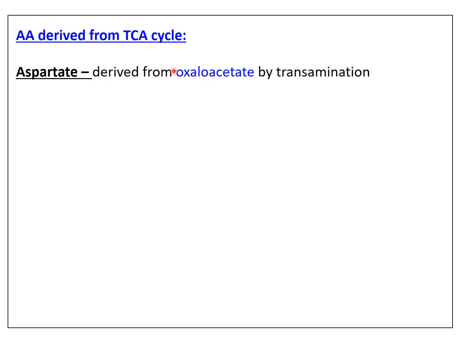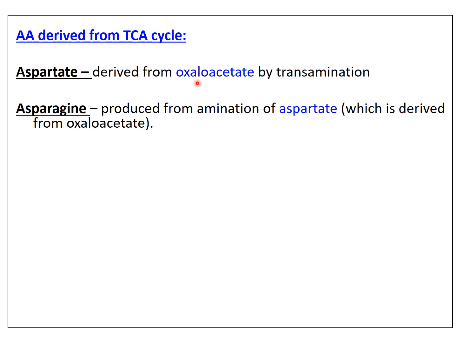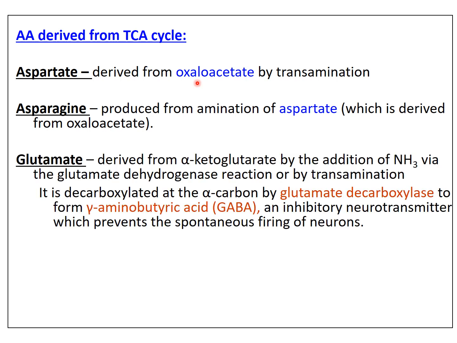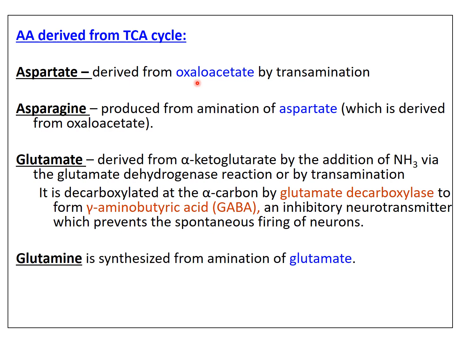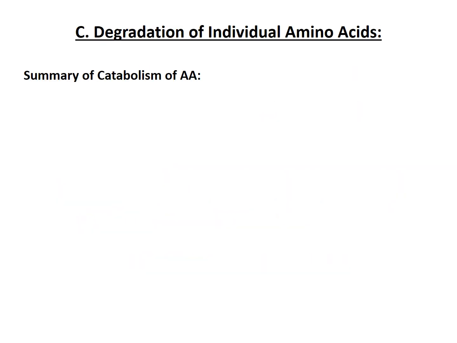There are amino acids that can be synthesized from Krebs cycle intermediates. So aspartate, asparagine from aspartate, glutamic acid from alpha-ketoglutarate, glutamine from glutamate. So oxaloacetate and alpha-ketoglutarate from the Krebs cycle can result in amino acid synthesis that they can further modify.